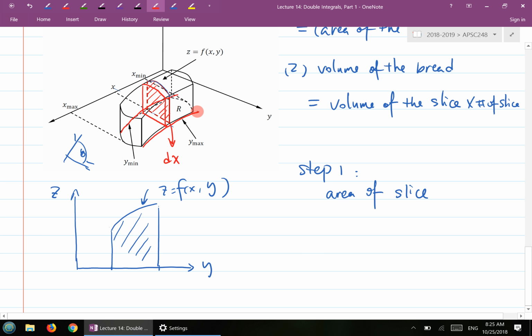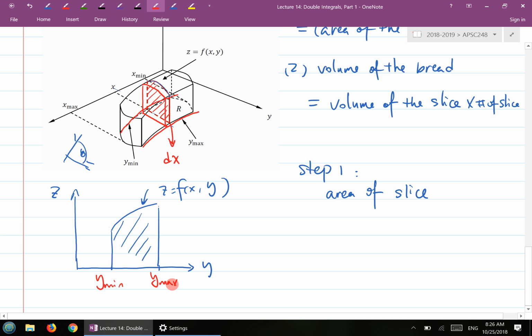Now these two boundaries are not necessarily two constants. They can be two curves, right, or two sophisticated curves could be. So we label this y min, y max. Not necessarily is this a constant value. This can be two curves here. So we call this y min, we call this y max.